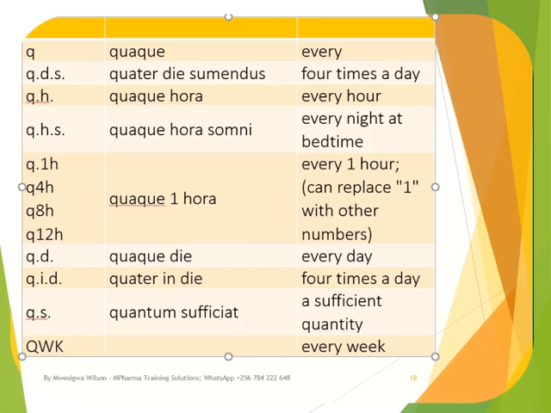But where does this Q come from? It means every. QD, every day. QID is going to be a common one, quater in die, four times a day. QS, this is English, quantity sufficient. QW, every week. So we have seen where they come from, Latin.